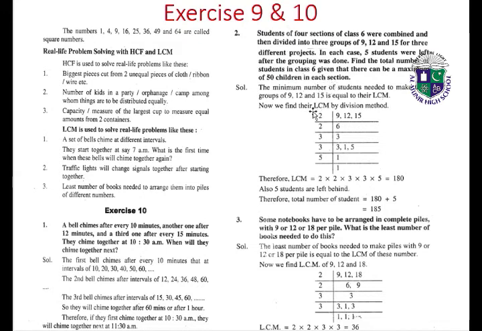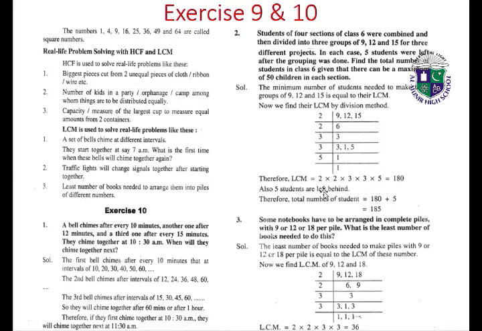The minimum number of students needed to make 3 groups of 9, 12 and 15 is equal to their least common multiple. Now we find their LCM by the division method. 9, 12, 15. 2 sixes are 12, 9 carried on and 15 carried on. 2 threes are 6, 9 carried on and 15 carried on. 3 threes are 9, 3 fives are 15, 5 ones are 5.